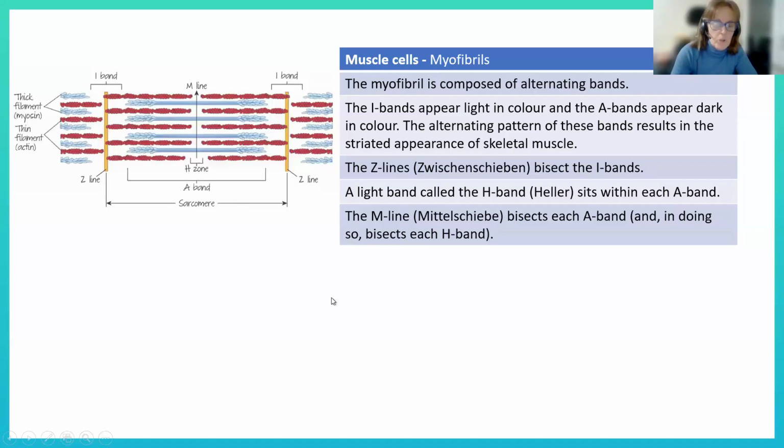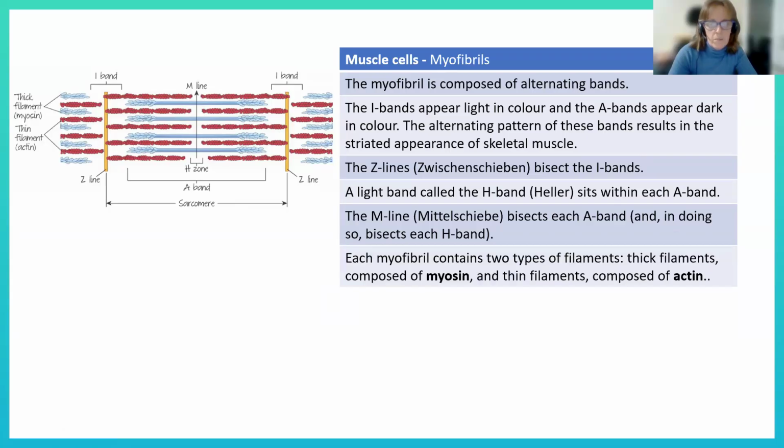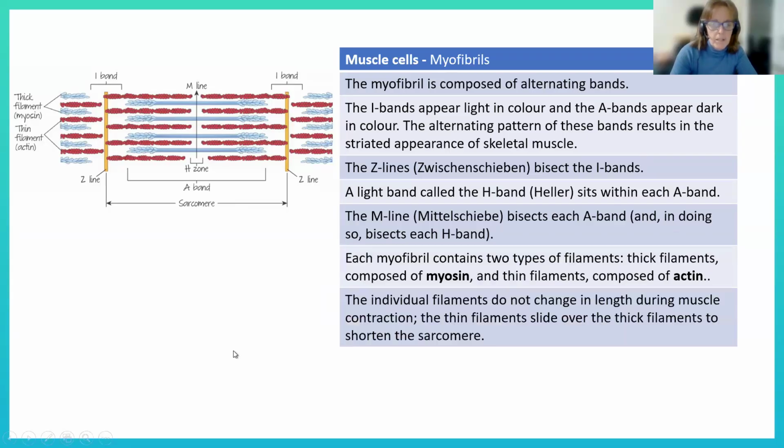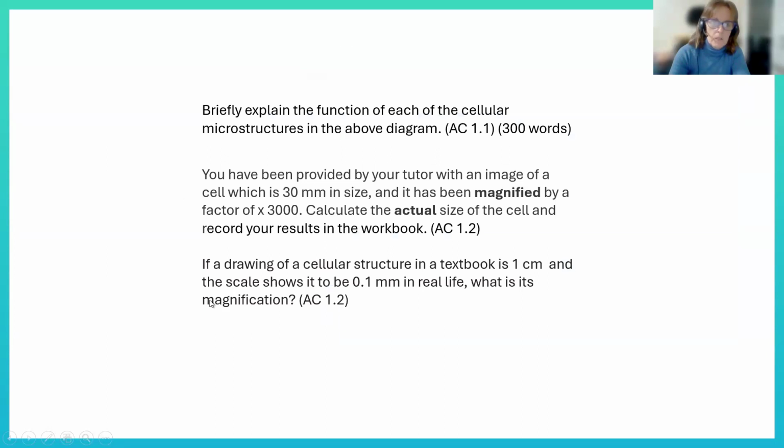I think German, maybe Austrian, maybe Swiss. But they've all got very Germanic sounding names, these lines. So the really important thing there is the actin and the myosin, and the fact that the individual fibers don't change length during contraction. It's just that they are drawn together. That's what does the contraction.